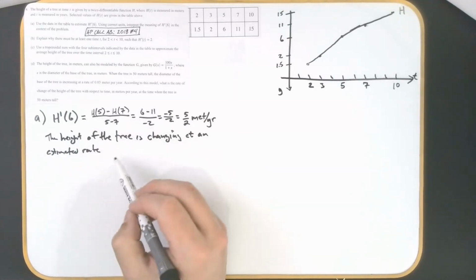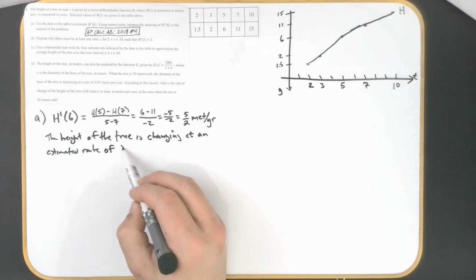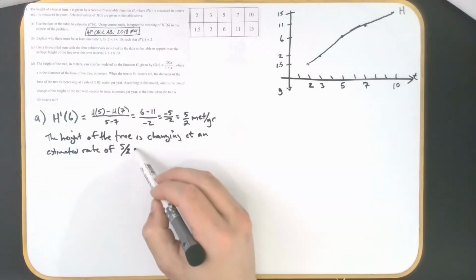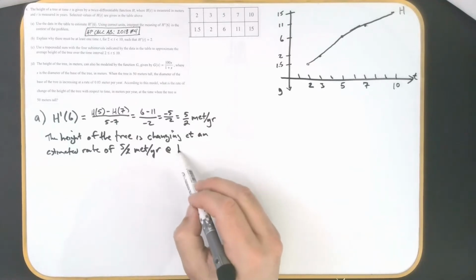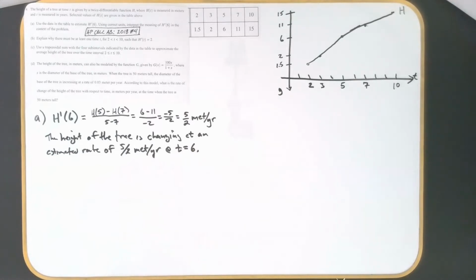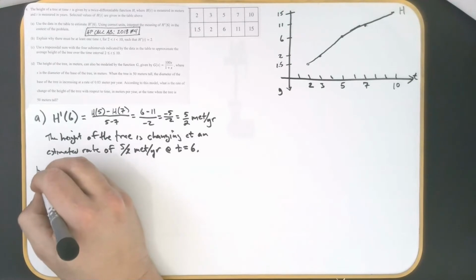We found an estimated rate of 5 halves meters per year at time t equal to 6. Okay? That is what that means. Okay? Let's move on. Part B.